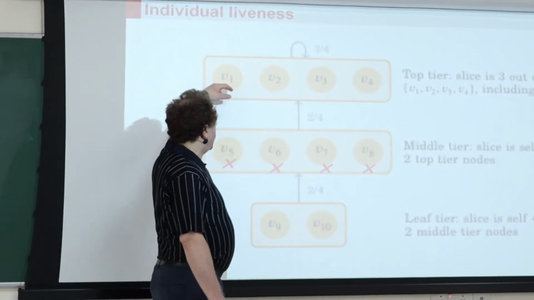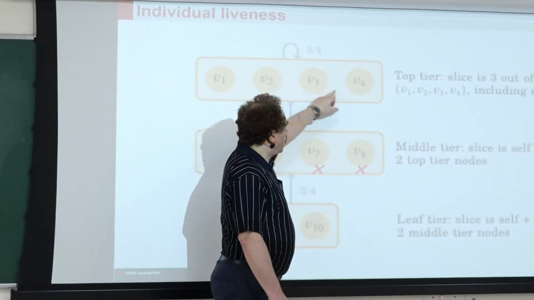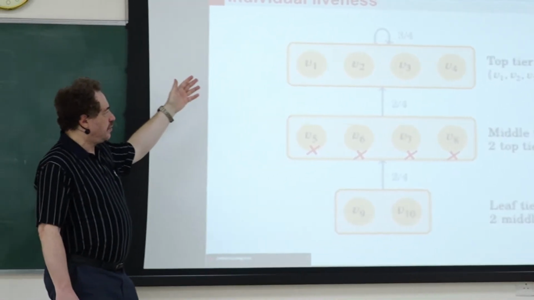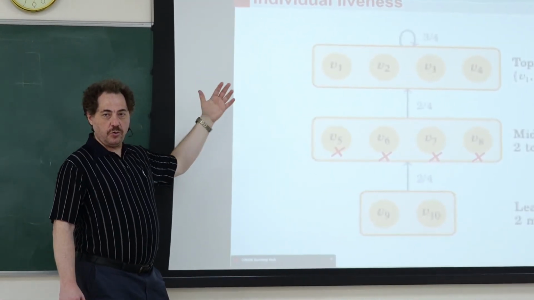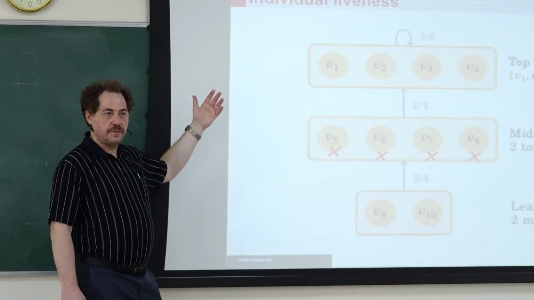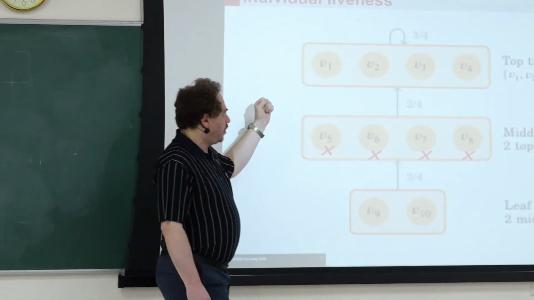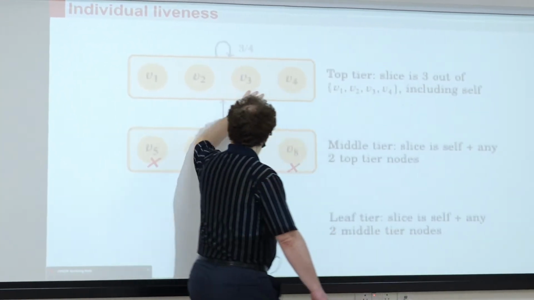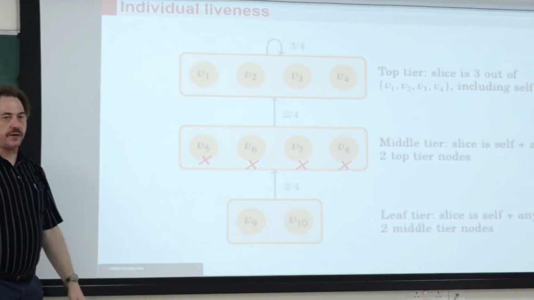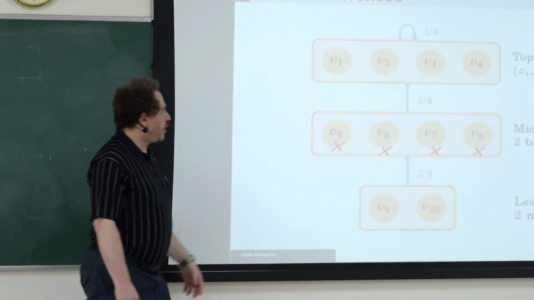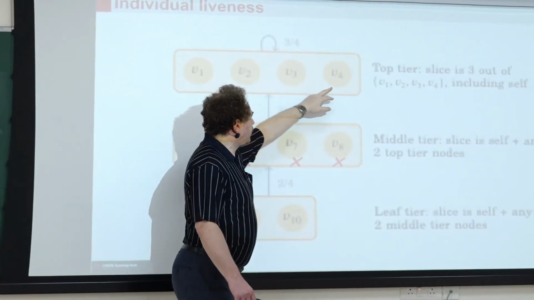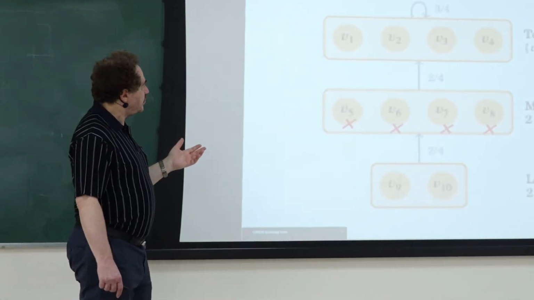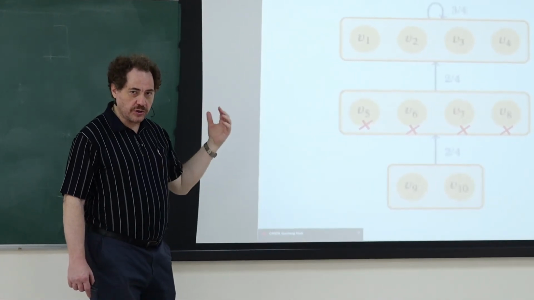Well, these nodes may still proceed with consensus and confirm and accept values, because they need a slice of 3 out of this subset, and this subset is perfectly functioning. So as a result, the subset would have liveness provided to them. They would make progress on consensus.